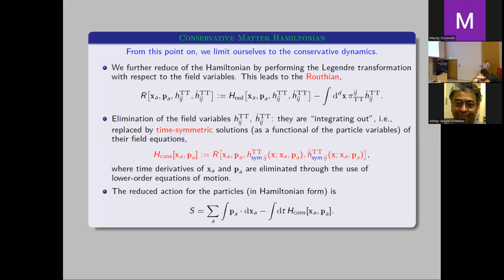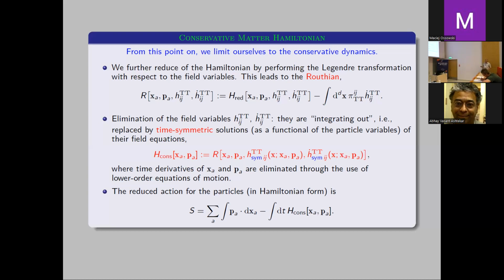Okay, the second stage is elimination of the field variables, now h^TT and h^TT dot. Of course, over dot means differentiation with respect to time. They are integrated out, that is, replaced by time symmetric solutions of their field equations. And here we already exclude any radiation effects.